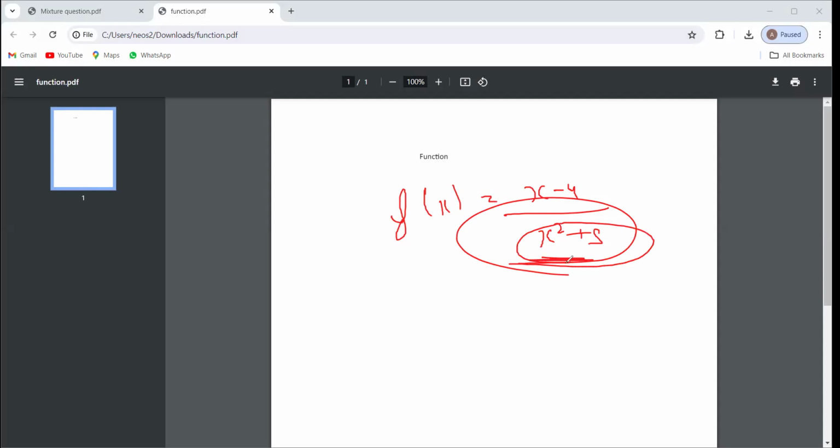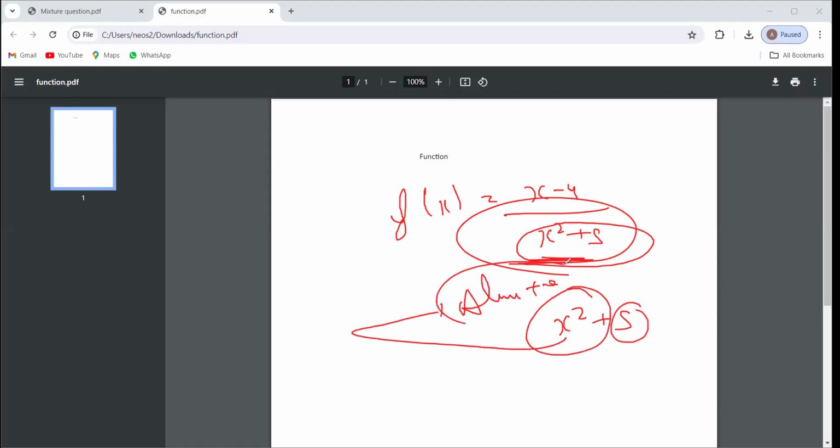Whatever value you put, it is always positive, and adding a constant keeps it positive. So it will take all values from minus infinity to infinity. This will be the domain.